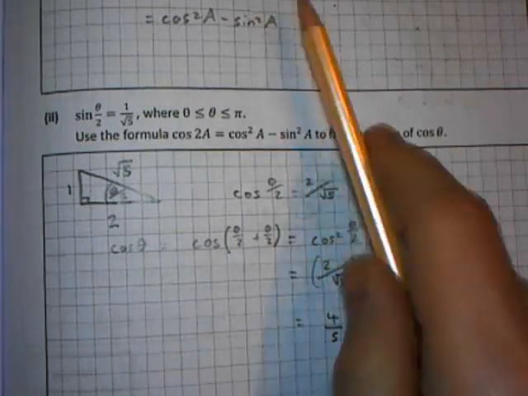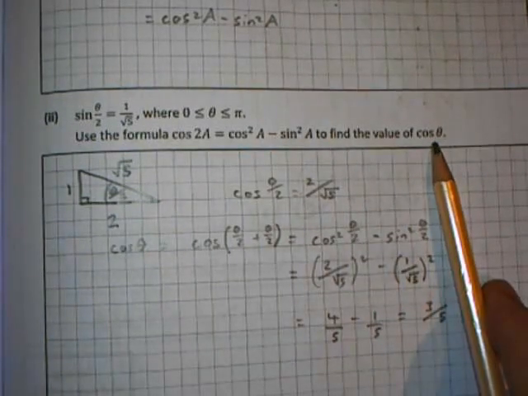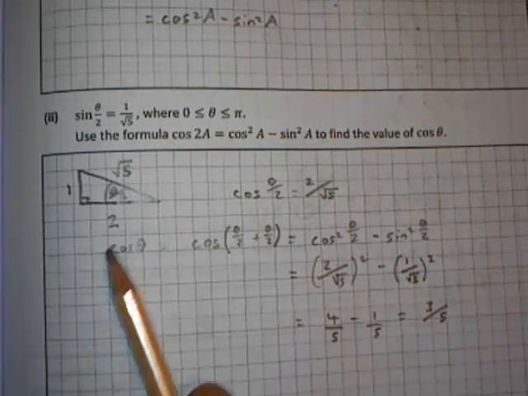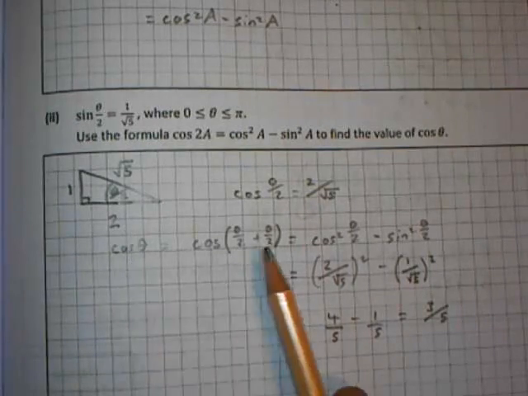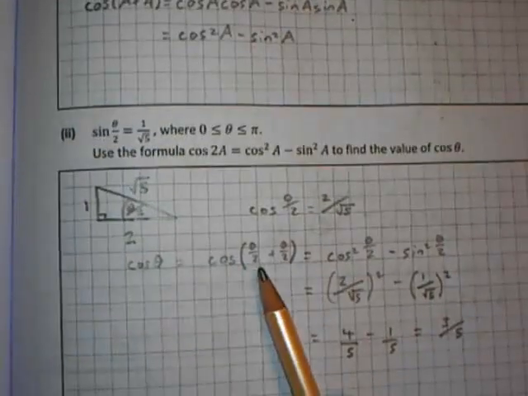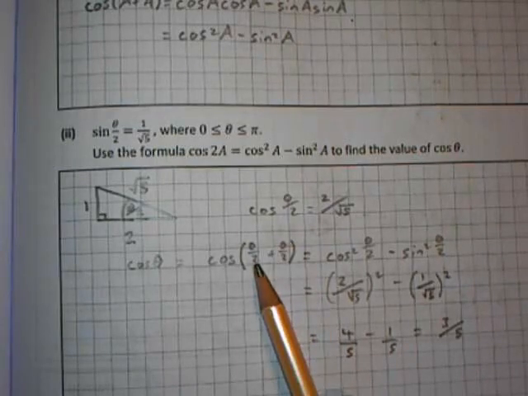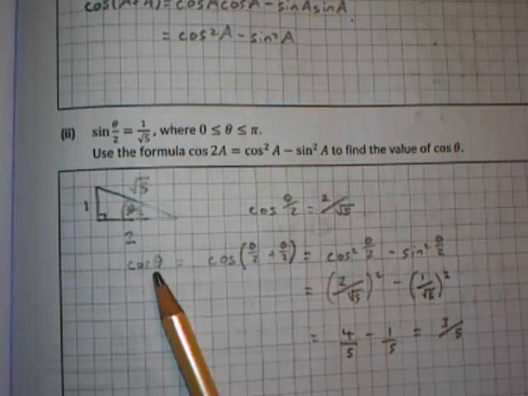Now, we have to use the thing above, and we have been asked to work out cos theta. Now, cos theta, using the thing above, and this is the only reason why I've even thought to do this, is because, okay, it's part 2. What if I had half of theta plus half of theta? That's a whole theta, isn't it?